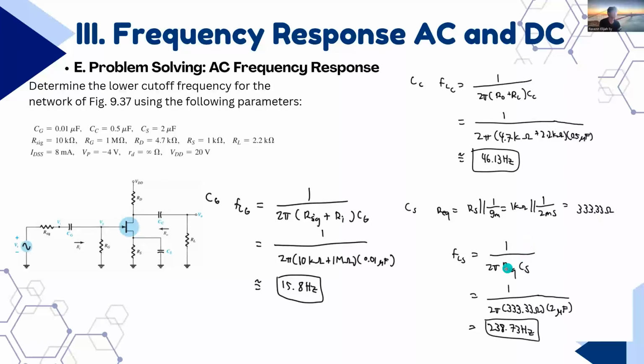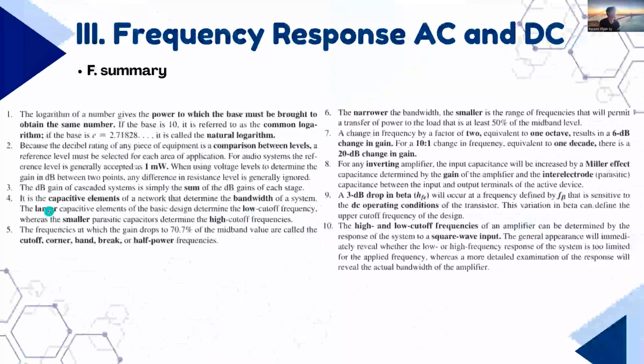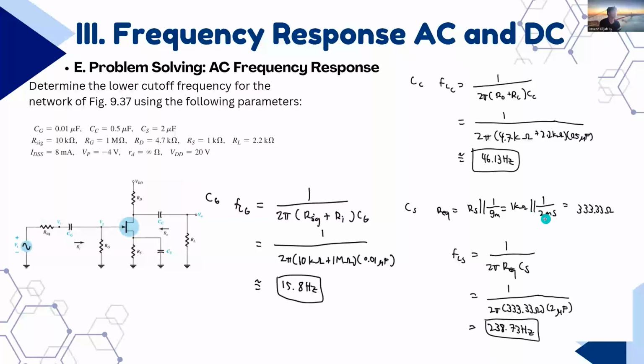Then we apply Req and the capacitance of 2 microfarads. Then you will get the three cutoff frequencies. Which one should we use? The highest cutoff frequency, since these are lower cutoff frequencies, so we pick the highest one.